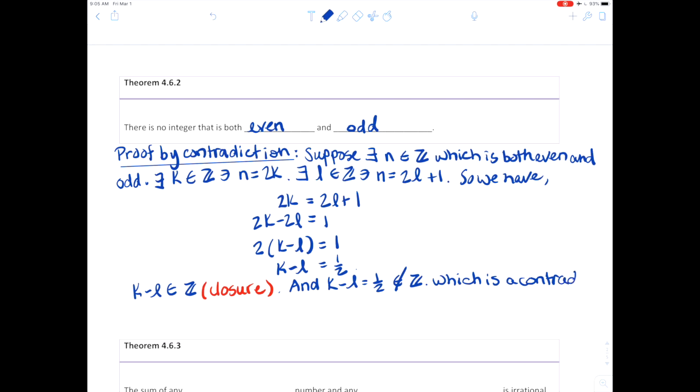So therefore, there does not exist an integer that is both even and odd. Groovy? All right.